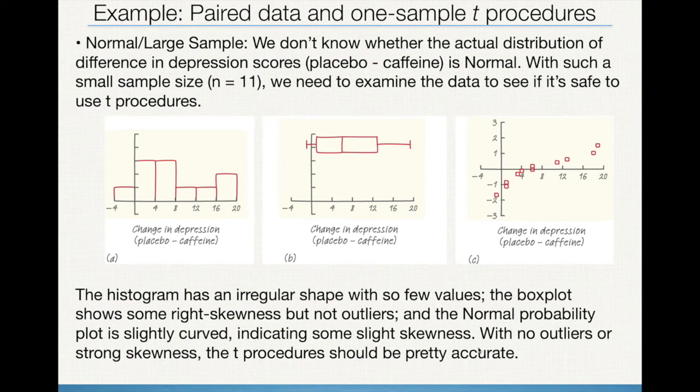We see a skew, but it's not significant enough to change whether we would perform the test or not. So we feel pretty good that t procedures would be accurate. This is going to be the hardest part of significance testing with means for you, checking this condition, and not believing right away that, oh, well, the sample size is small, but the data looks pretty normal. You can't do that. You have to go to these plots. At least one of these plots, and I would go with the box plot first.